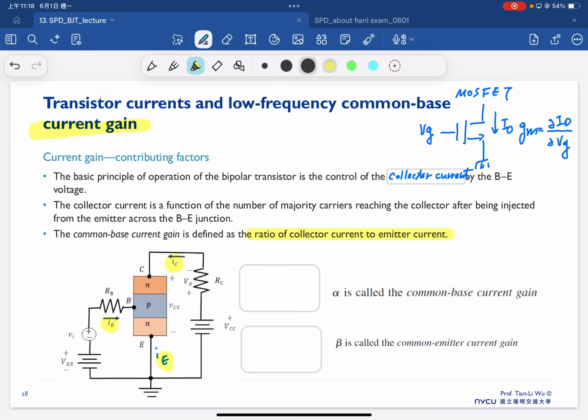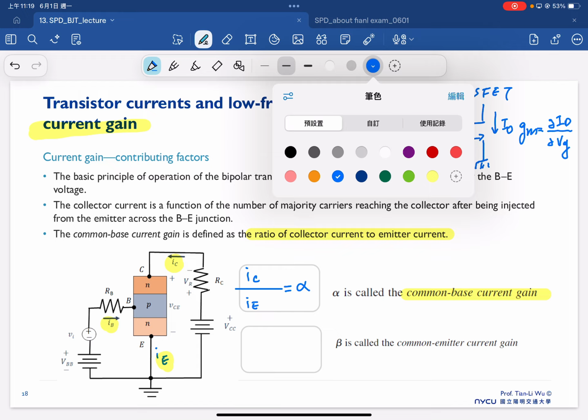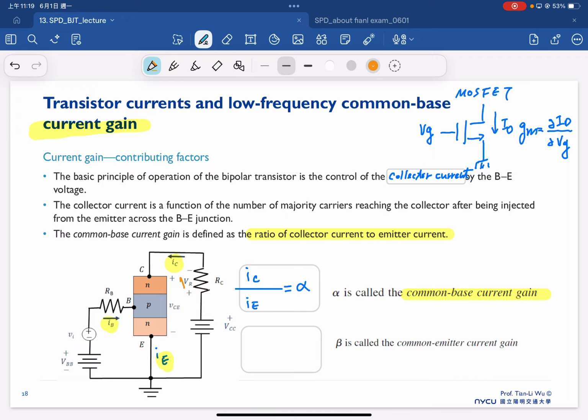So therefore, the common base current gain alpha is defined as collector current over emitter current, which is alpha. That's what we call the common base current gain, which is the ratio between this and this. IC over IE is equal to alpha.